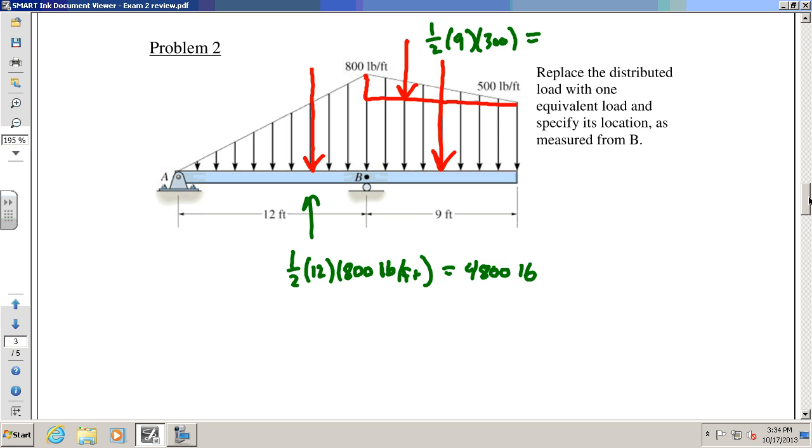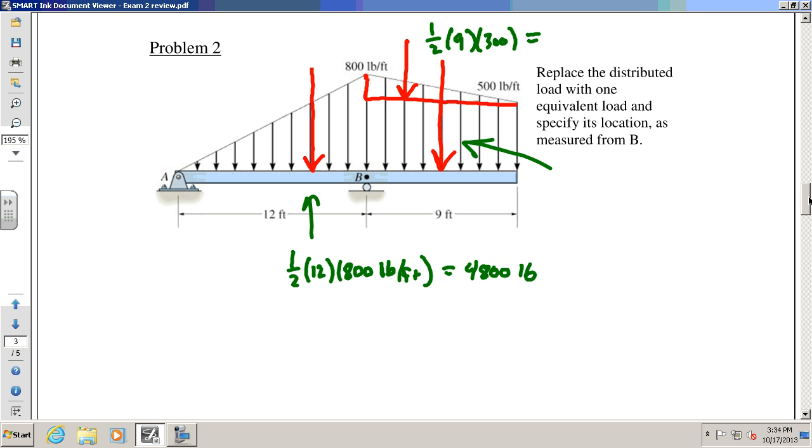I think we've done this problem before, so I apologize for that. Probably should have come up with a different problem, but it's fine. Just review this. You've got to review distributed loads. I promise you're going to see it somewhere on the test. Make sure you're ready, all right?